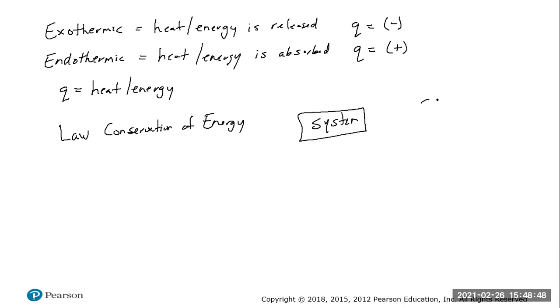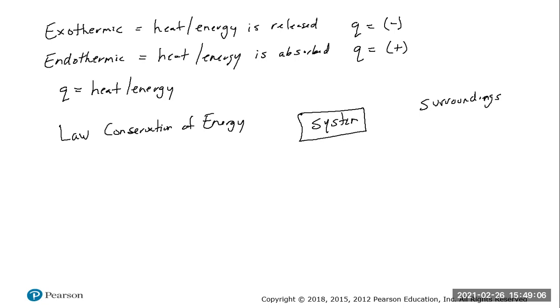And usually when we're talking about that situation, we talk about the system and the surroundings. The system is anything you're interested in, in the context of chemistry. It could be the test tube, the beaker, or the flask you're doing the experiment in. The surroundings is pretty much everything outside of that.